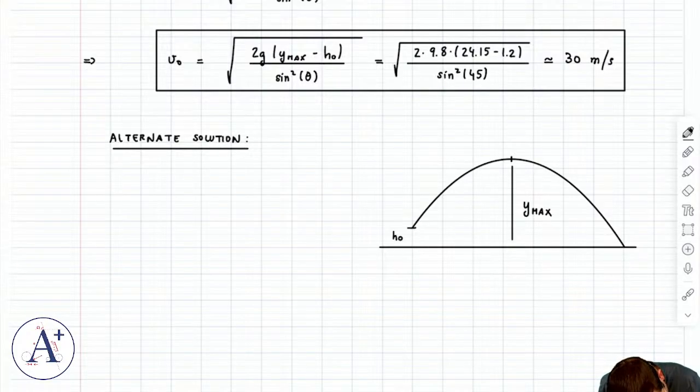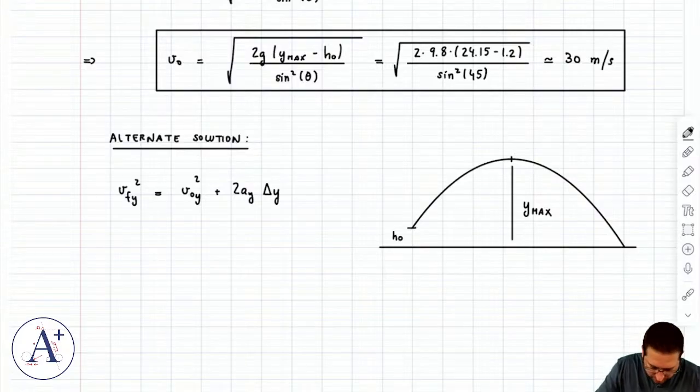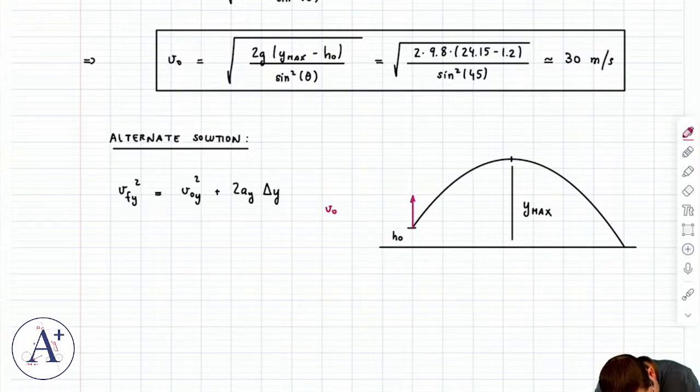We're going to say that v final y squared is equal to v naught y squared plus 2 a_y delta y. Now, v naught y is known. V naught y is v0 sine theta.